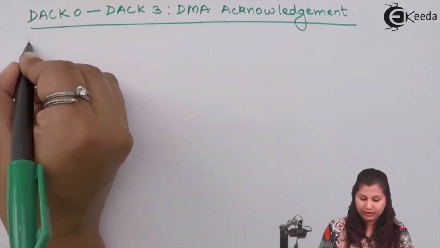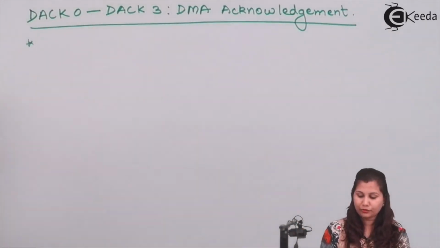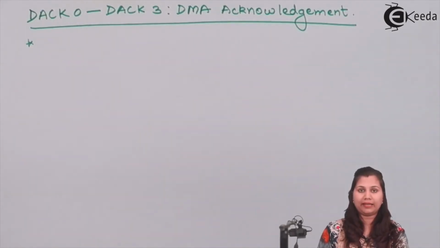These acknowledgement signals are used to indicate to the peripheral devices that the DMA has received the request of data transfer.